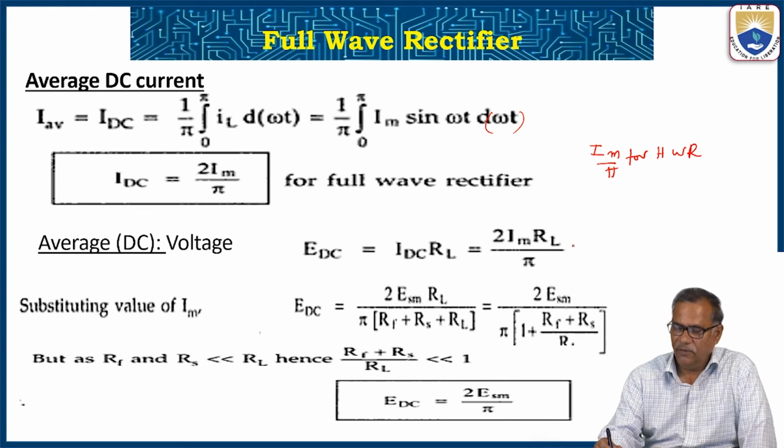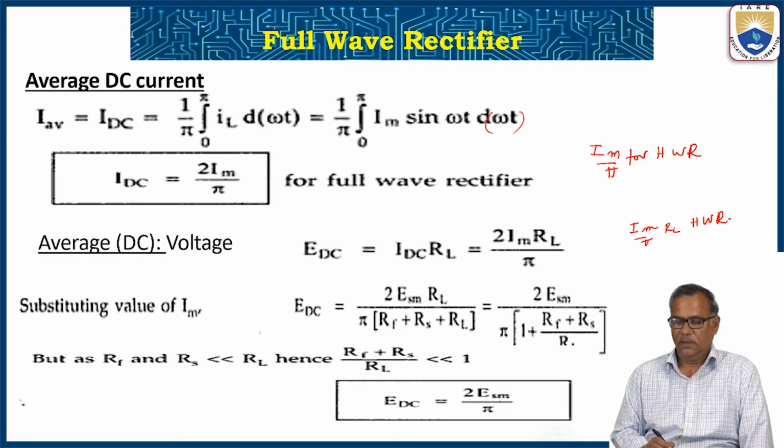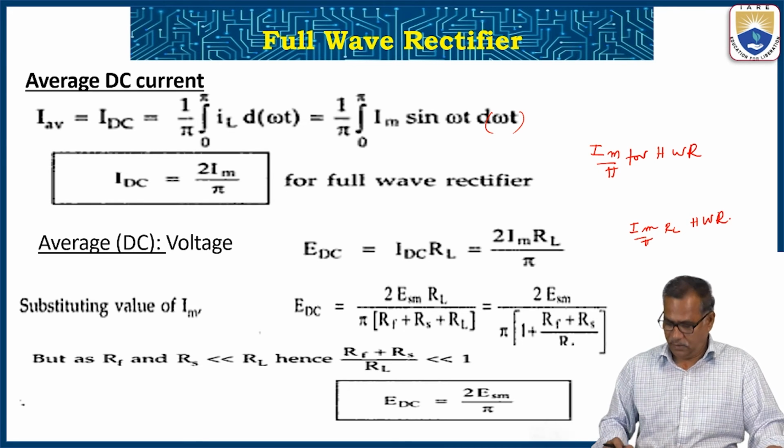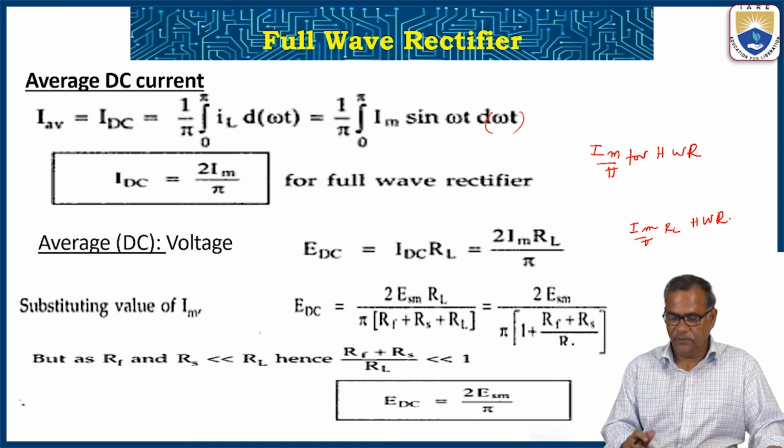The corresponding value for the half wave rectifier is Im by pi multiplied by RL. And the EDC value, in terms of the maximum amplitude of the input voltage, is written like this: 2 Esm into RL divided by pi into RF plus RS plus RL, where RF is the diode forward resistance.